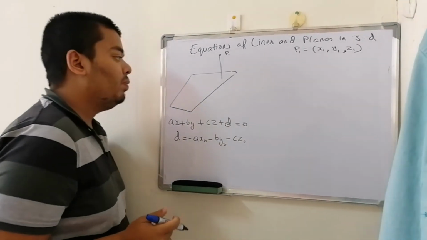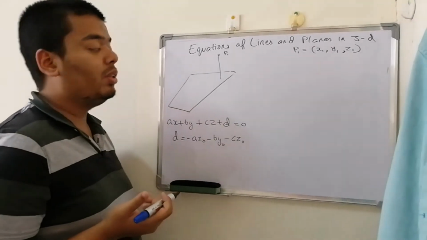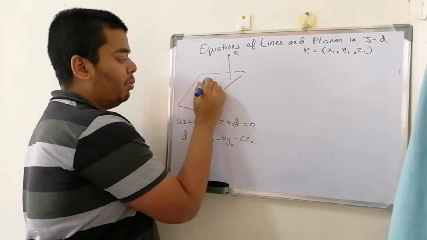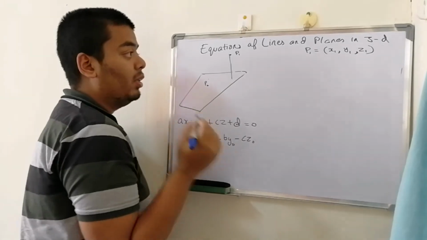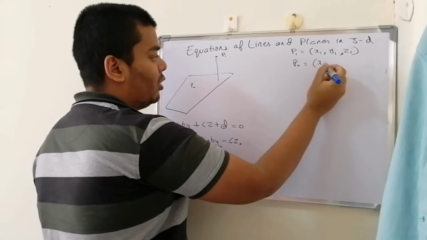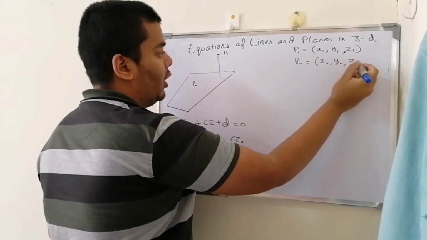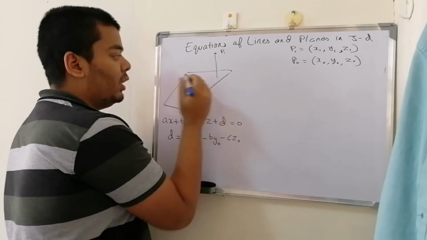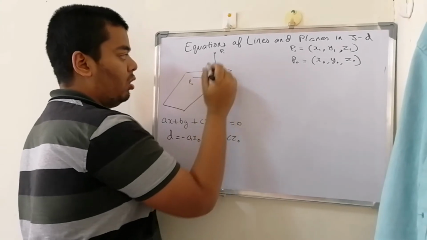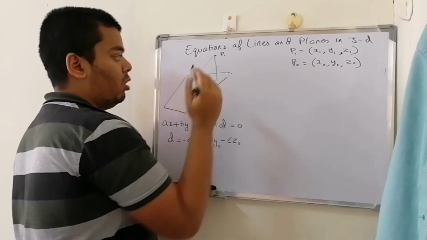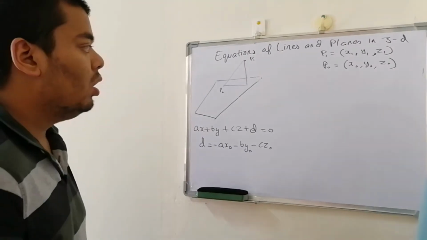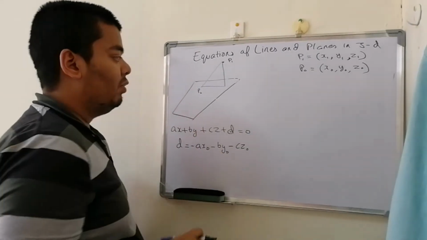Now to do this, we'll have to consider certain things. Let's take another point, P naught, on the plane. So P naught is equal to x naught, y naught, z naught. Remember, the point P naught is on the plane. Let's draw the triangle. When we draw this triangle, we can give the vectors.